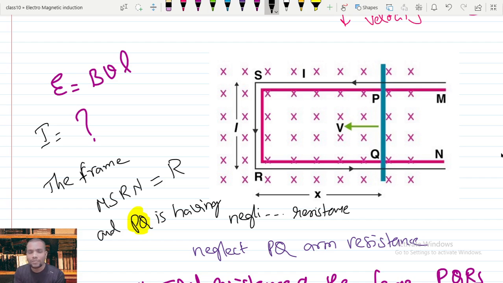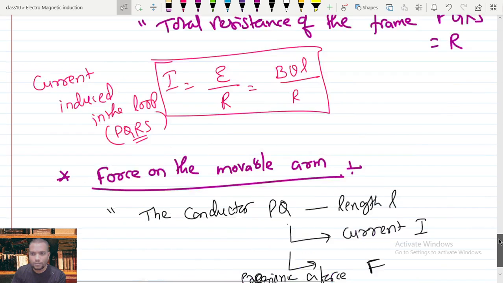Now here, if the arm is moving towards the right, the force will act towards the left. Again, if the arm is moving with a velocity towards the right, the resultant force on this moving arm will act in the leftward direction. That is according to Lenz's law.